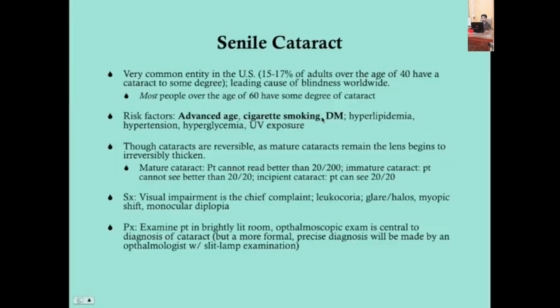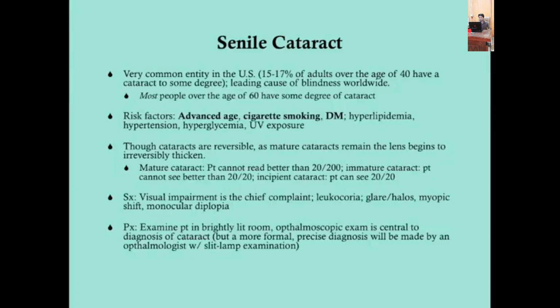Cigarette smoking and diabetes mellitus, though, are to a certain degree modifiable risk factors. So cigarette smoking is always a modifiable risk factor. You can always stop smoking. Diabetes mellitus, you can prevent it once it occurs, once you have diabetes mellitus type 2. There is a certain amount of damage that's been done, questionable whether you can totally reverse it.